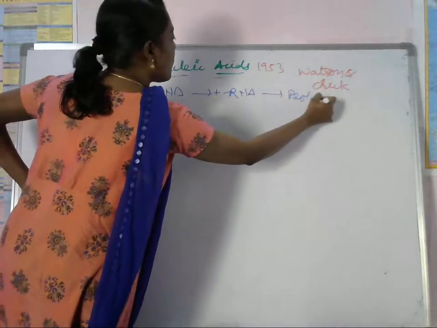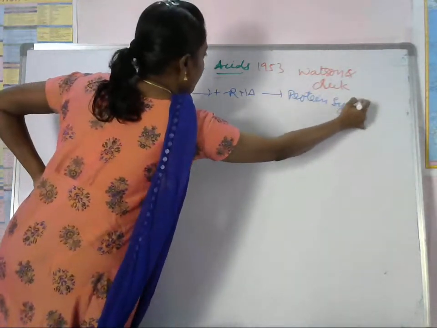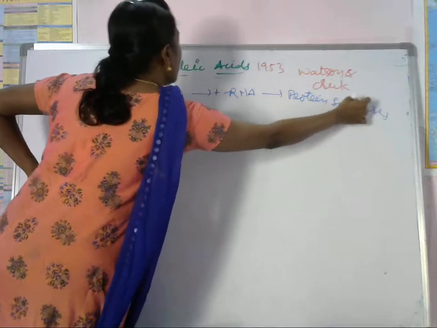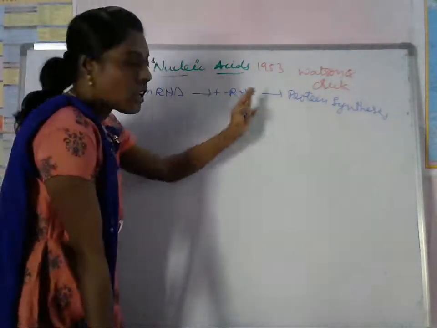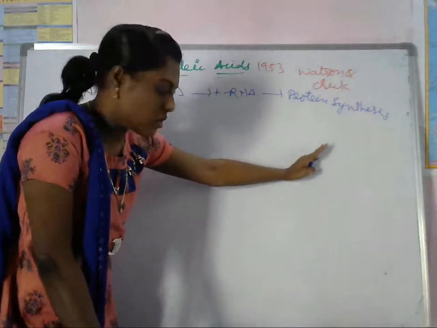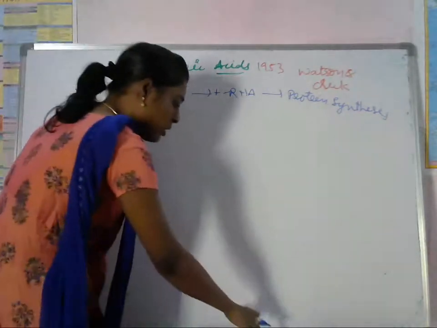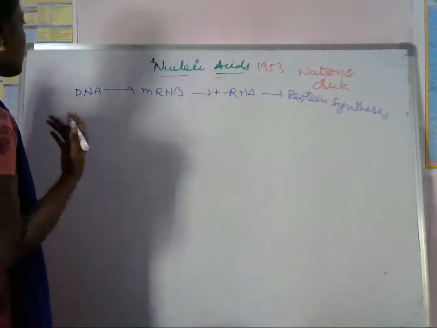So how do we produce protein? First DNA should produce mRNA. mRNA is converted into tRNA. tRNA will give the protein synthesis. Let's see how the protein synthesis proceeds.